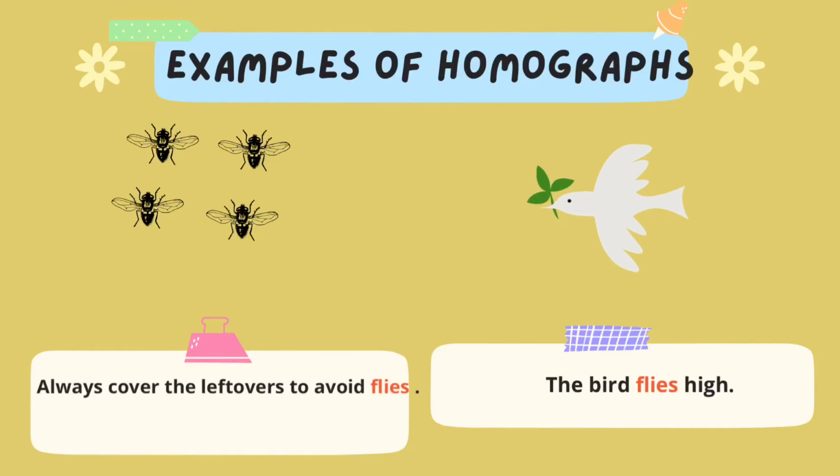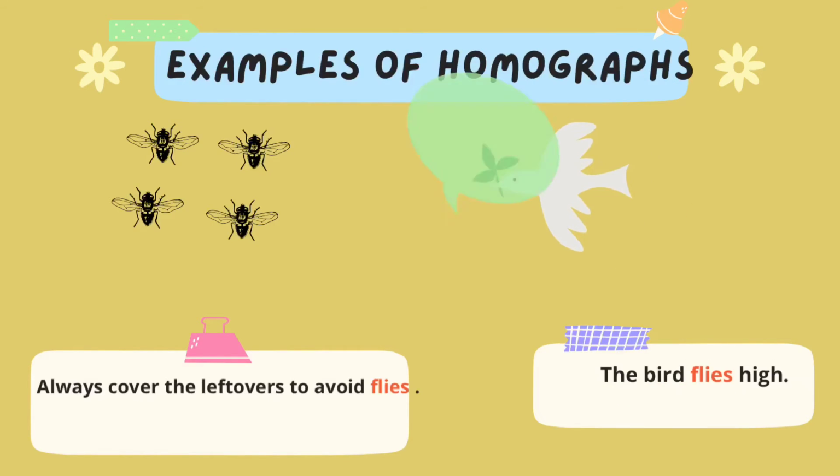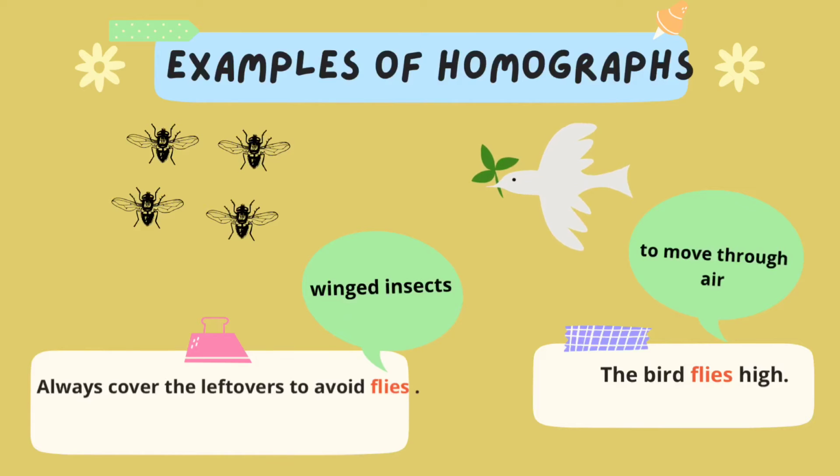Here are more examples. Always cover the leftovers to avoid flies. The bird flies high. What could be the meaning of these two words? The first flies means winged insects, while the second flies means to move through air, just like those birds with flying wings.